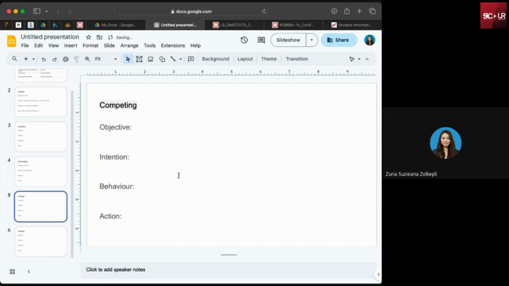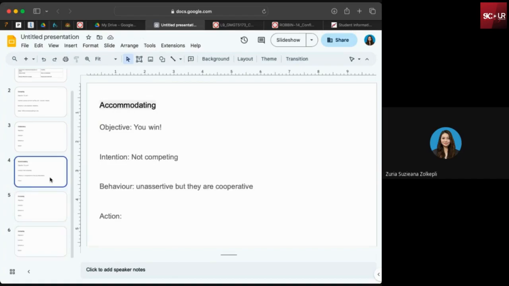They can be cooperative enough, right? Because they are still engaged with the conversation, with the disagreement, and so on. But they are being cooperative and let the other person win.